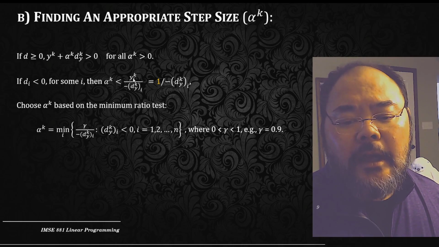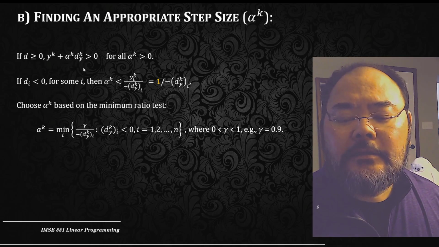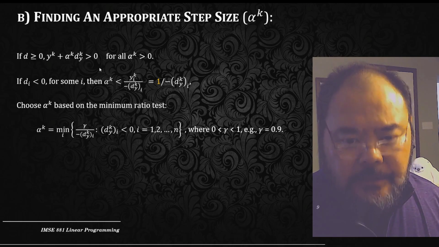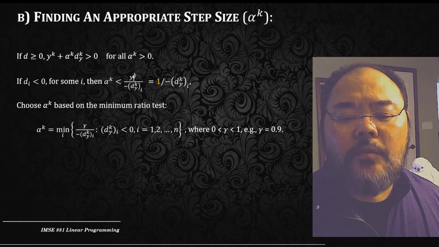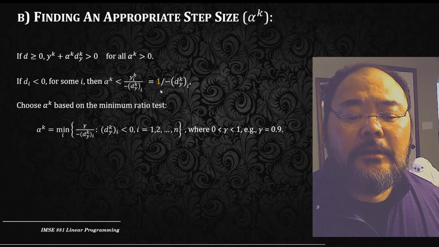And we know that y is currently 1, and dyk is after negative ck after projection. So the largest alpha k can go is yik divided by negative dyk for its ith element, and the yik is actually 1 right here.